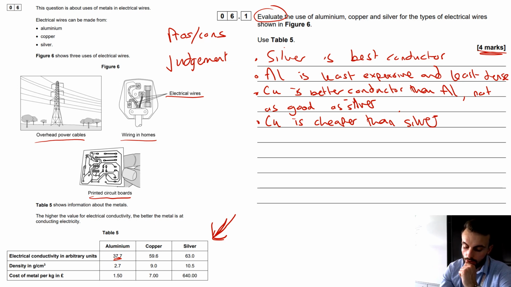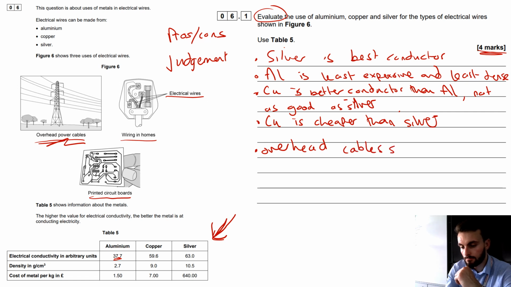That's just the data in general. Then we can make some scientific judgments. If we've got an overhead power cable, then we're going to need cables that are less dense. Let's have a look at wiring in homes.